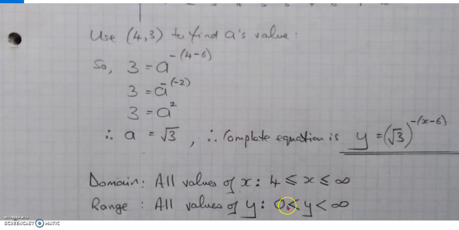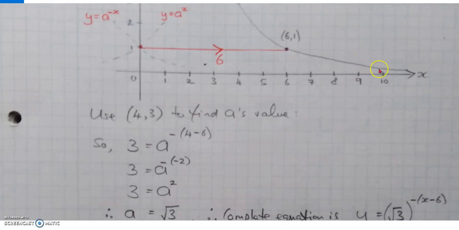And that is not allowed because the x-axis, where y is equal to 0, is an asymptote. And the curve is theoretically never allowed to touch the x-axis, no matter how long you make that x-axis.